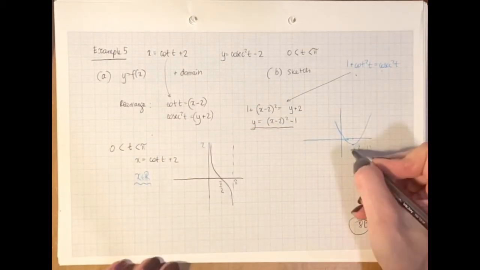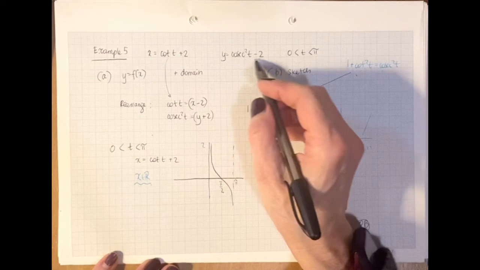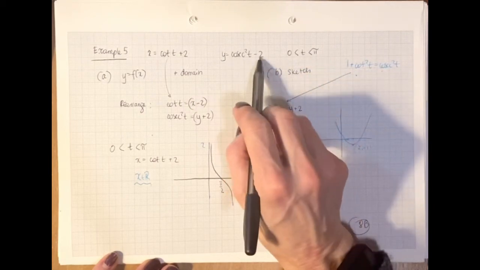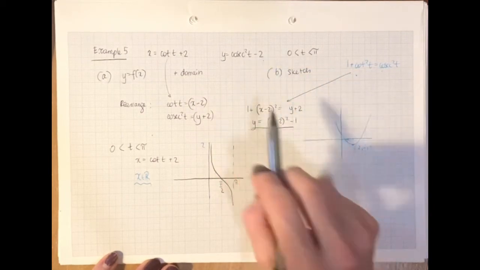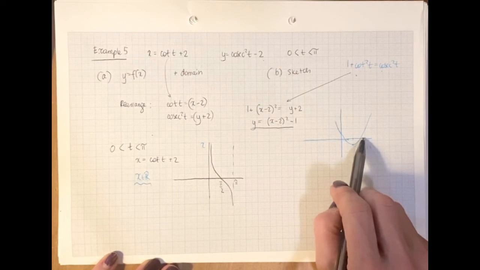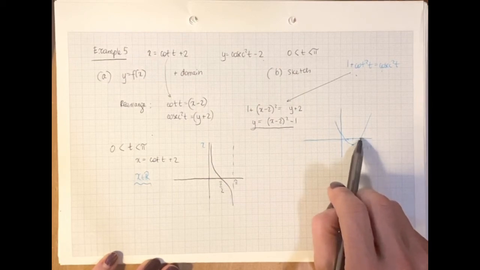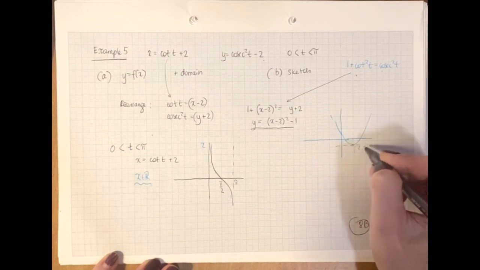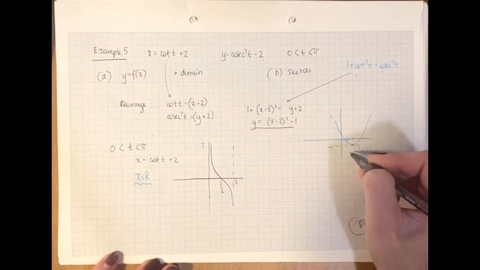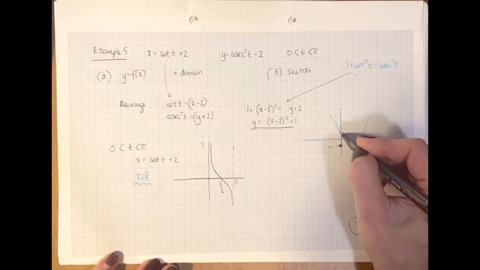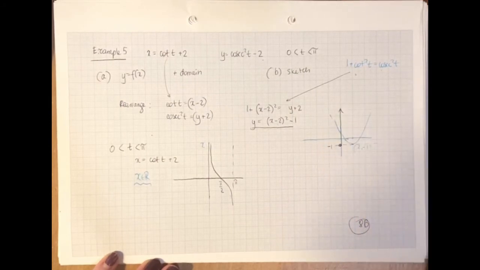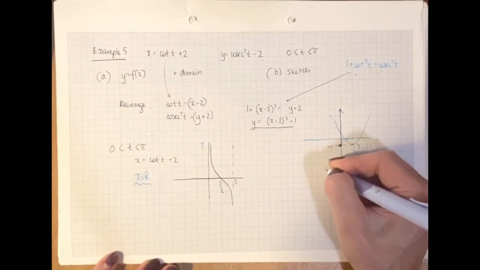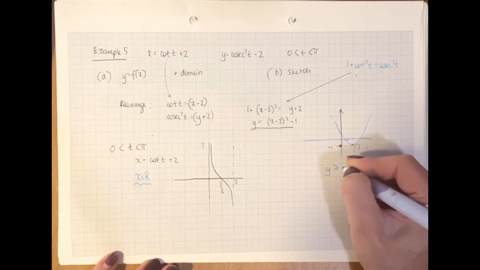So the range: you can look at this one, but that's a little bit more tricky to consider. Okay, but you can look at the range from this graph. I've sketched my quadratic. The limiting value is the minimum, which is at minus 1, and you're going to get all the values above. So the range would be y is greater than or equal to minus 1.